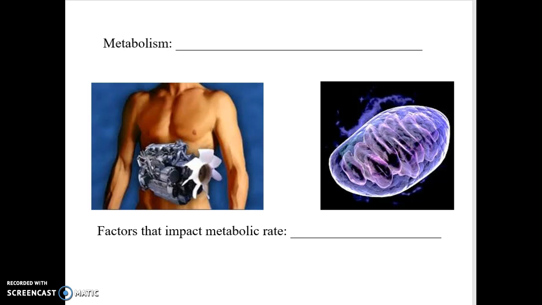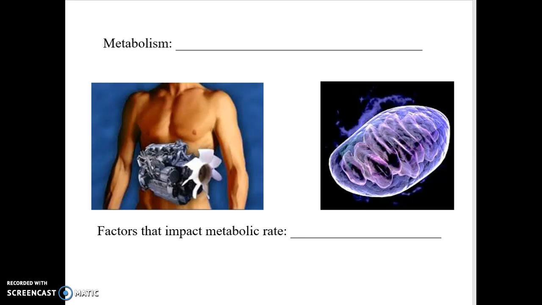Think about how much energy your brain is using constantly. It never shuts down. 24/7, your brain is going. And then muscle tissue. To move and be active and function, muscles require massive amounts of energy in the form of ATP, so they have lots of these little mitochondria in there.